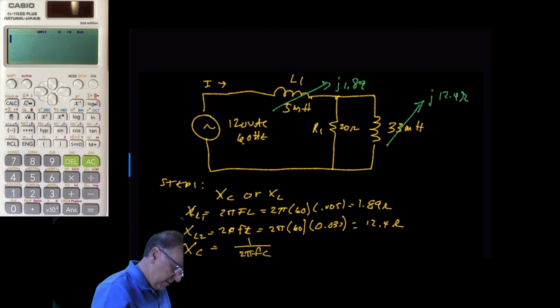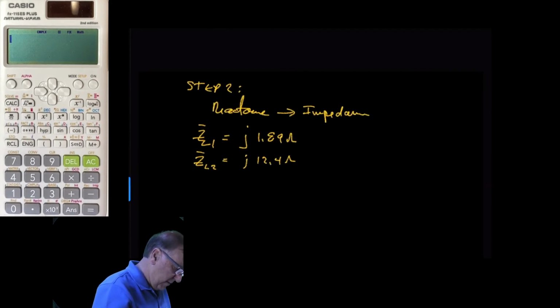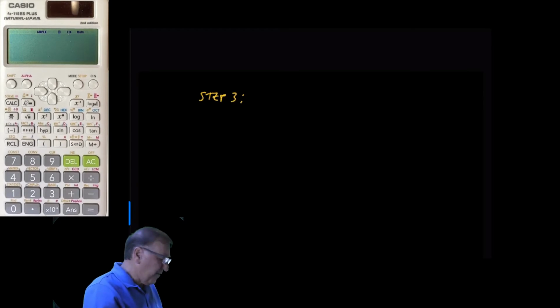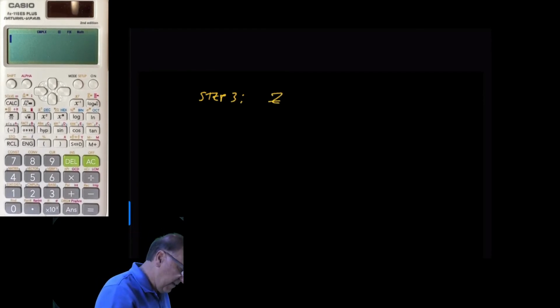Step 3. Solve for the total impedance of the circuit, Z total, and that is a vector.